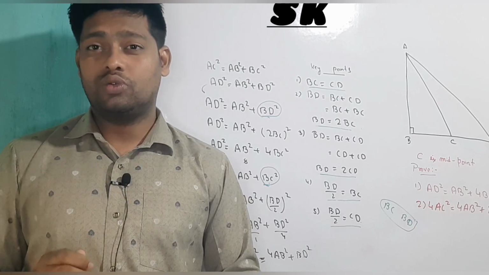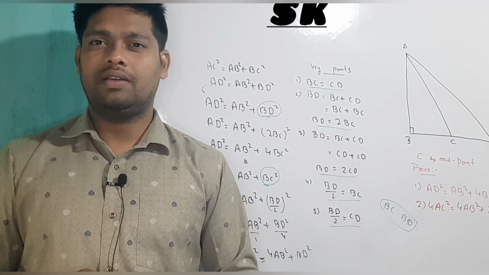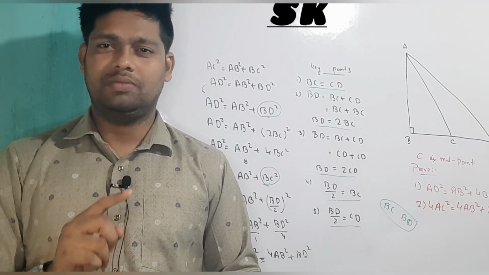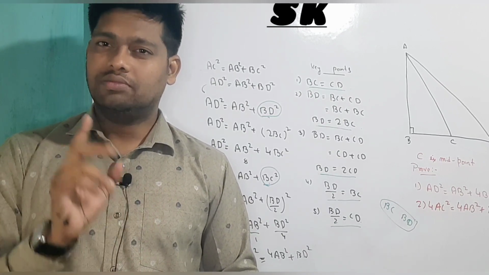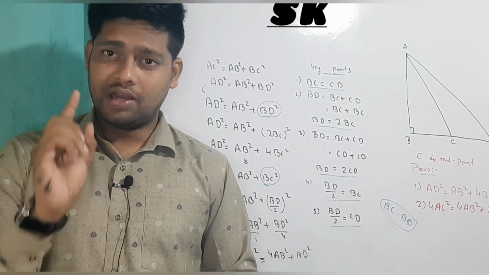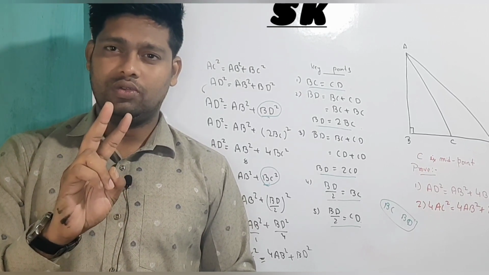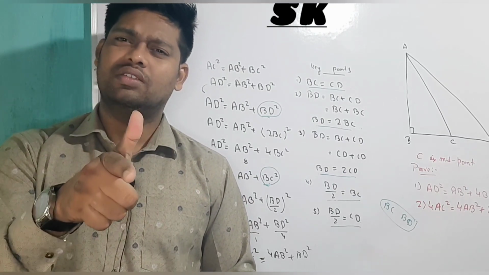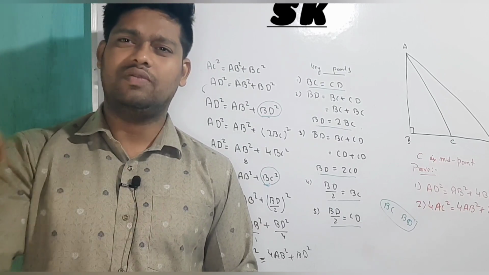So pick up your pen, do the sums, and then go to part 2 of this video. I'm promising you that if you are clear with part 1 and part 2, then you can do the sums by yourself. You don't need me.